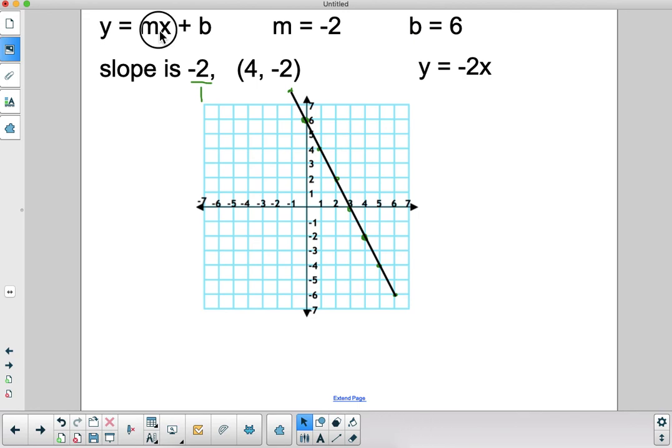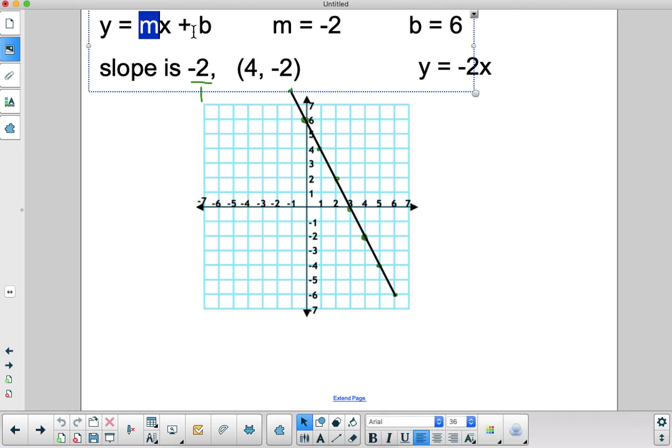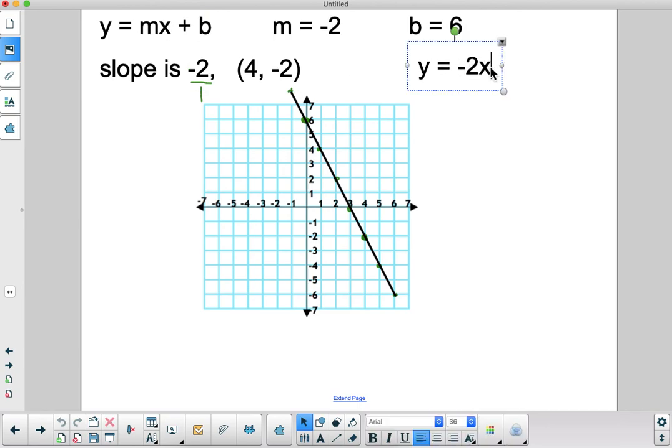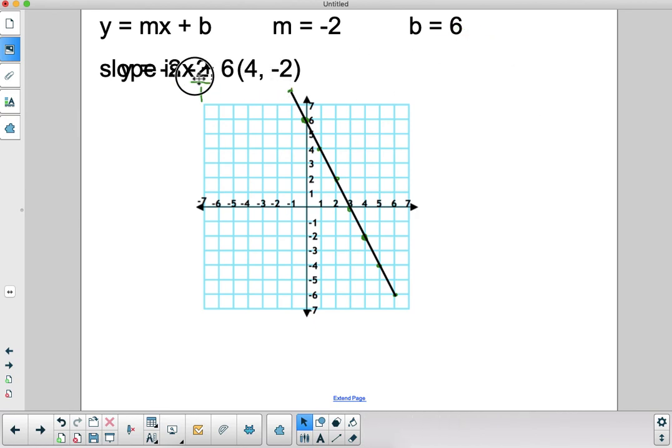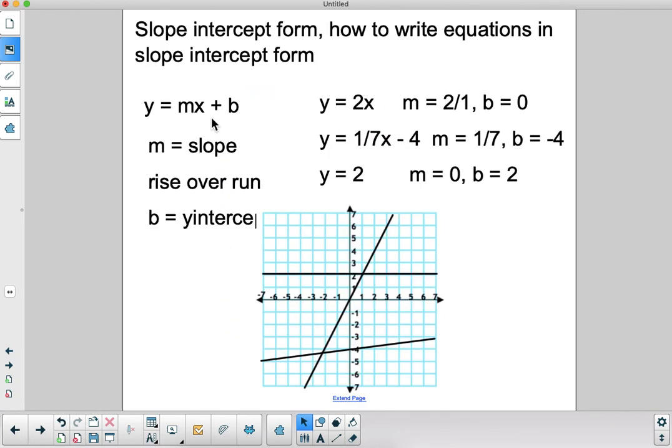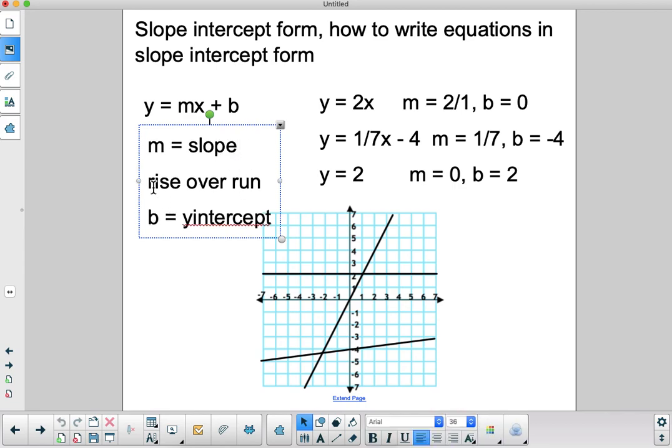Notice we're only substituting for m and b. y stays the letter y, x stays the letter x. So we have y equals -2x plus, and our b value was 6. And now we have that written in slope intercept form. Notice it's called slope intercept form because m is always going to be the slope, rise over run, and b will always be the y-intercept.